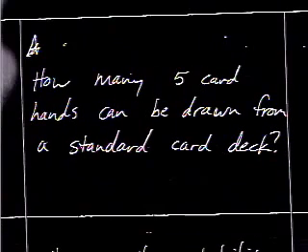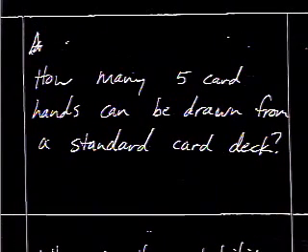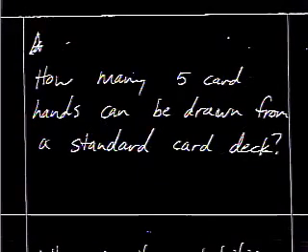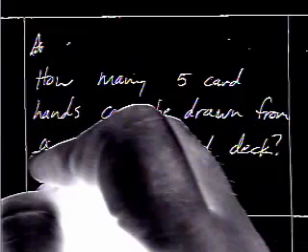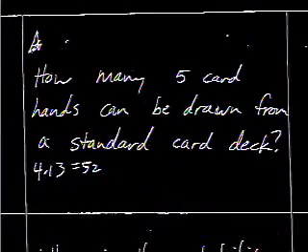How many 5-card hands can be drawn from a standard card deck? Well, there's 4 suits, and they each have 13 cards, so that makes 52 total cards in a standard playing deck.